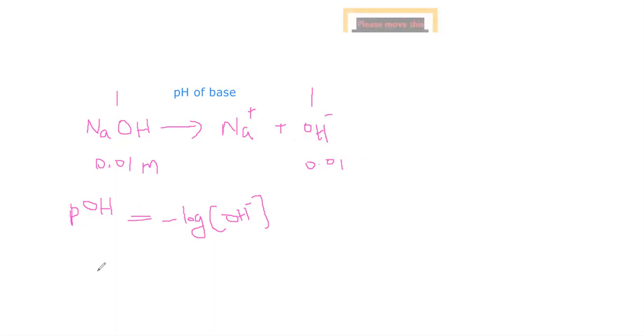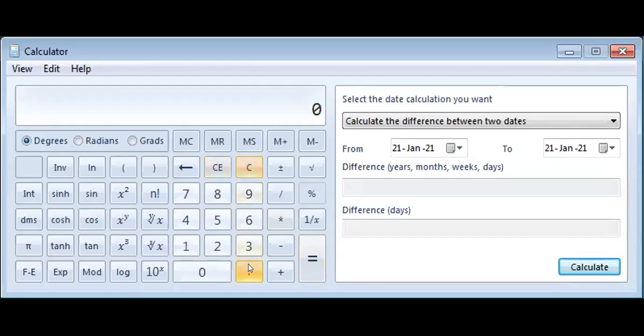And again, now directly put the value over here. What is the concentration of OH ion? This is 0.01. And now you can take the log of 0.01. Just this is from the formula, and let's see what would be the answer. So again, use the calculator. Now you type 0.01, and this is the log.